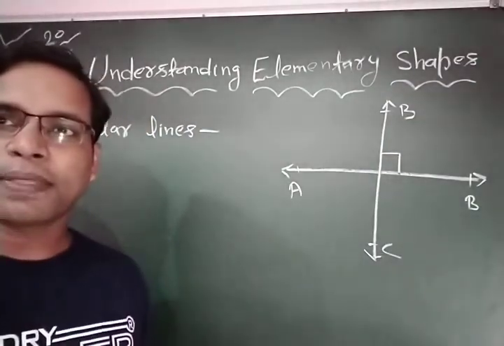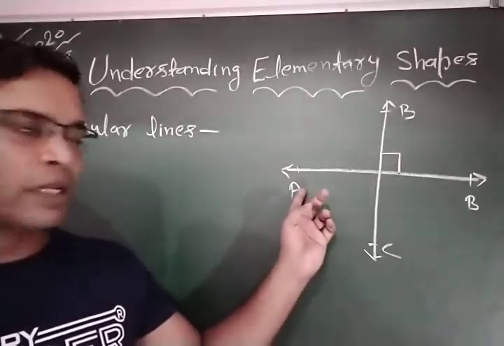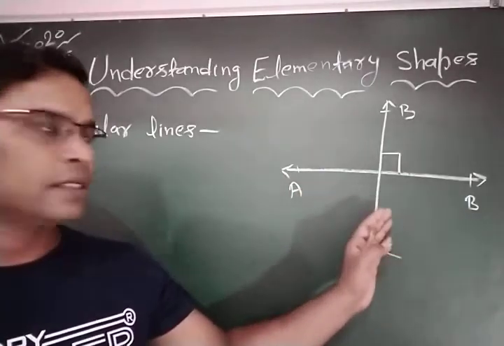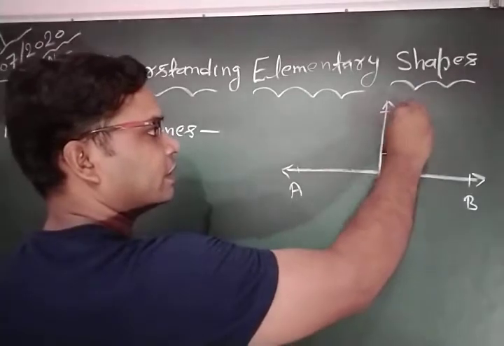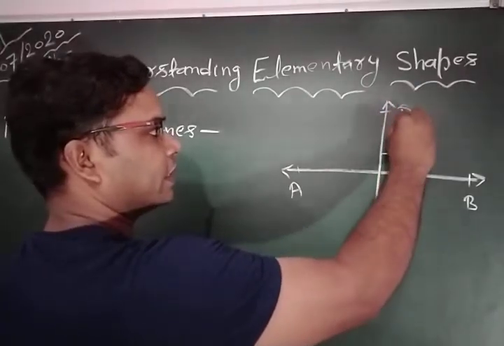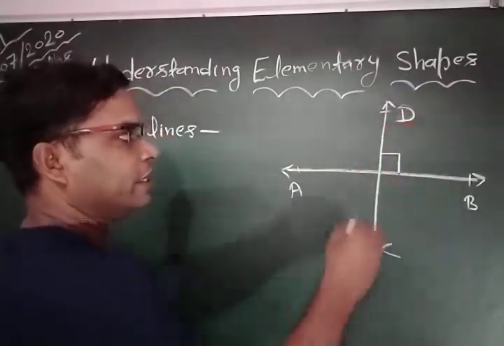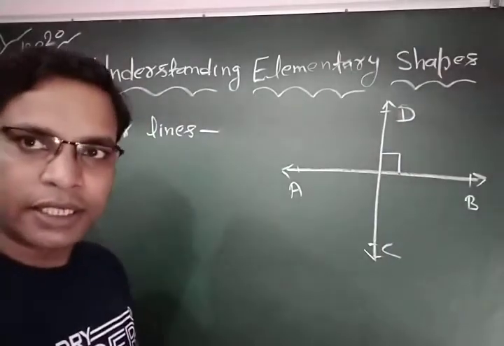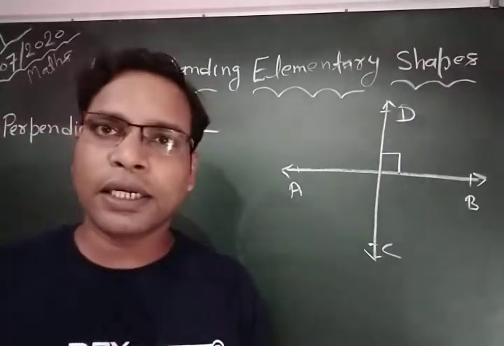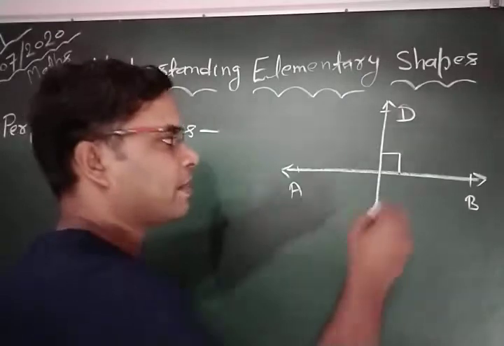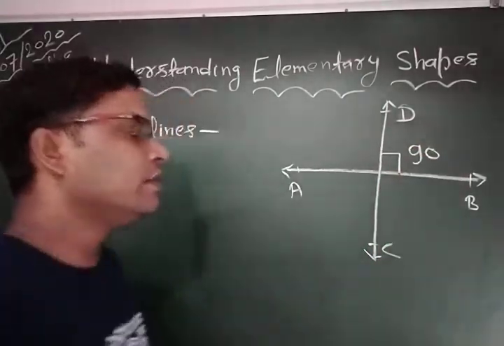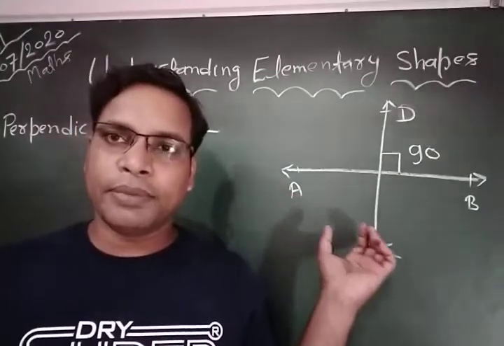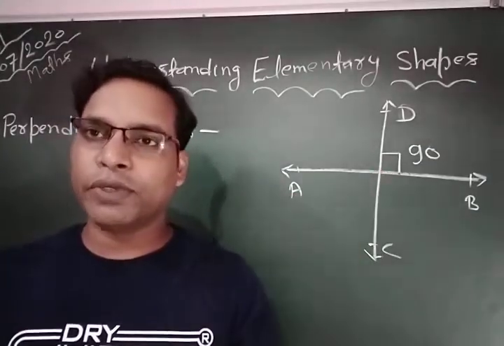Then you can say these are two lines, line AB and line CD. You can write here D. Line AB and line CD intersect at a right angle. Right angle means 90 degrees. Then you can say line AB and line CD are perpendicular to each other.